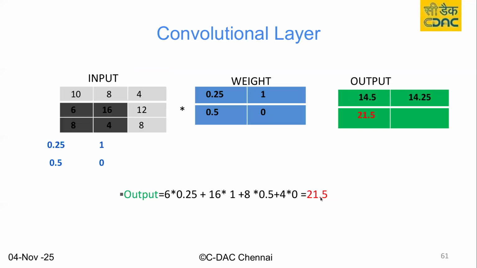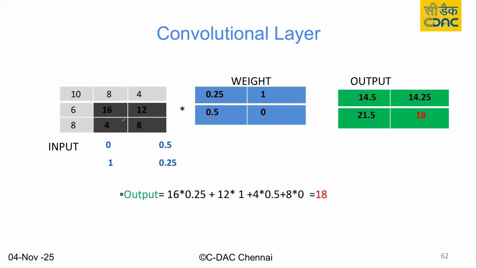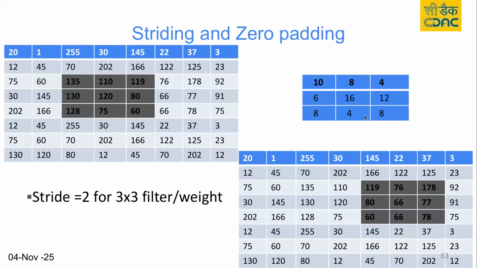And then again I have to consider this 2 cross 2 of this 3 cross 3 matrix. 6 into 0.25 plus 16 into 1 plus 8 into 0.5 plus 4 into 0, I get 21.5. Again, I'll consider this 2 cross 2 matrix. 16 into 0.25 plus 12 into 1 plus 4 into 0.5 plus 8 into 0, I'll get 18. So I will get an output matrix of size 2 cross 2 after performing the convolution operation.